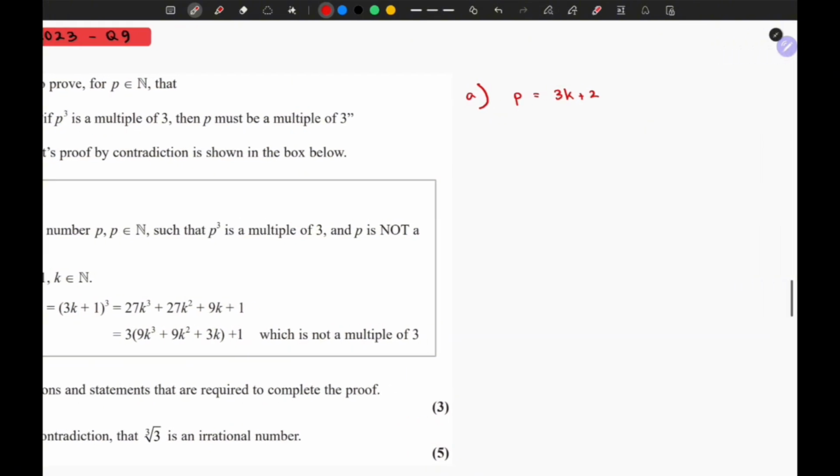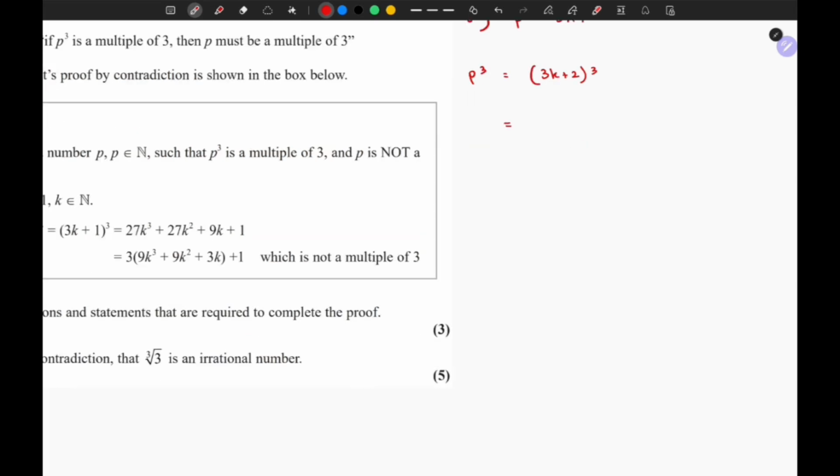So now let's find the value of p cubed, which is (3k plus 2) whole cubed. If we use the expansion for (a plus b) whole cubed, this will be 27k cubed plus 54k squared plus 36k plus 8.